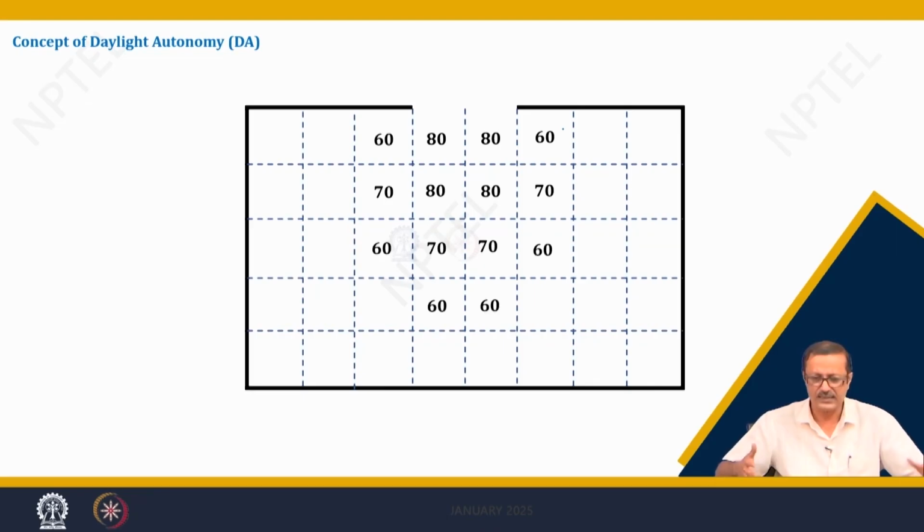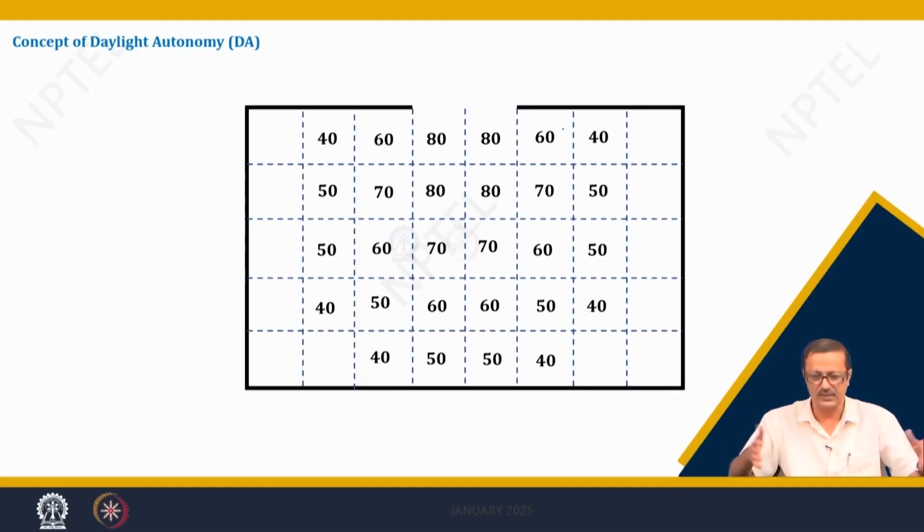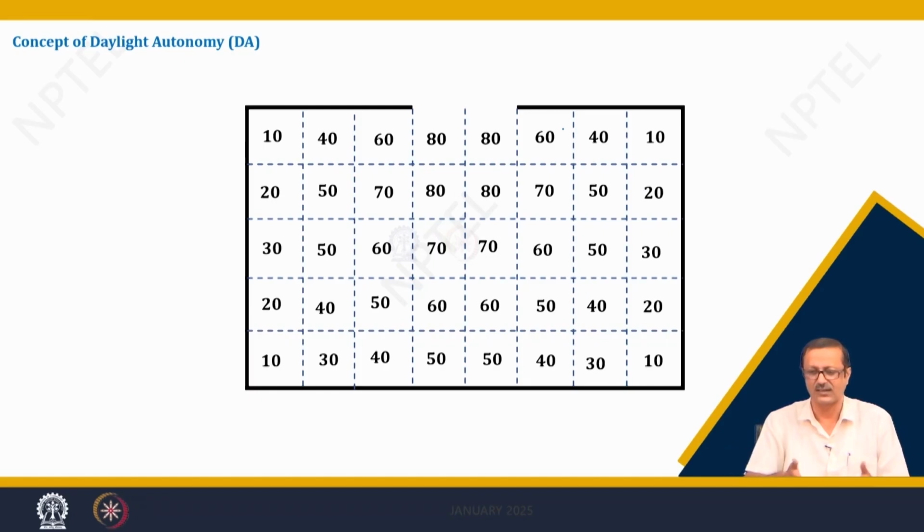It will be a little less further away, so 60% of the DA will be in this zone. Gradually, as you go towards the corners, and if there is no such window on the other walls, it will decrease and go to very low values in the corner. So it will be 50 like this, 40 like this, and maybe 30, then 20, 10 or something like that.